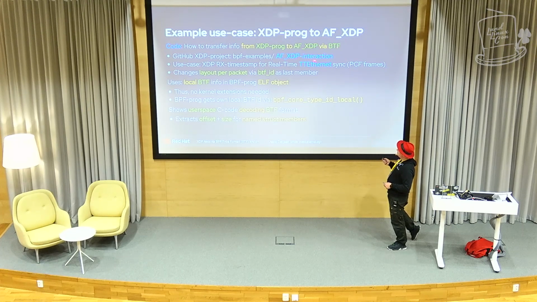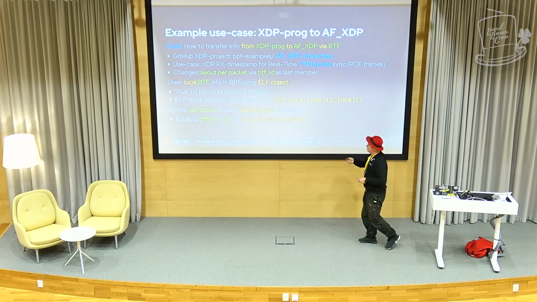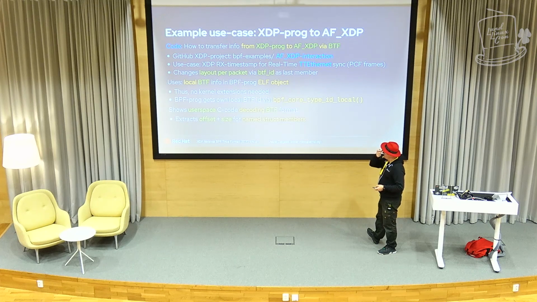The use case was in the wind turbines at Vestas. They have a real-time, time-triggered Ethernet system where they have to send at a specific time, and they also get inputs from a master clock where they need high-precision timestamping. So at the XDP level, we added the receive timestamp.